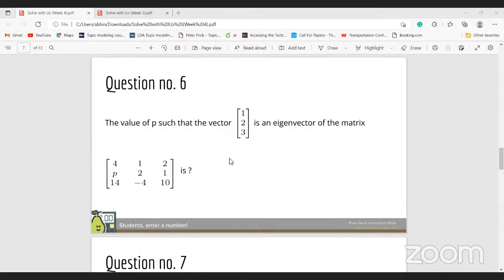If it is in column space, then we can say that when you apply a transformation on this particular vector 1, 2, 3, it is getting scaled up or scaled down. This you can say, but you cannot say it's in column subspace. That's what I feel right now. I'm not sure.